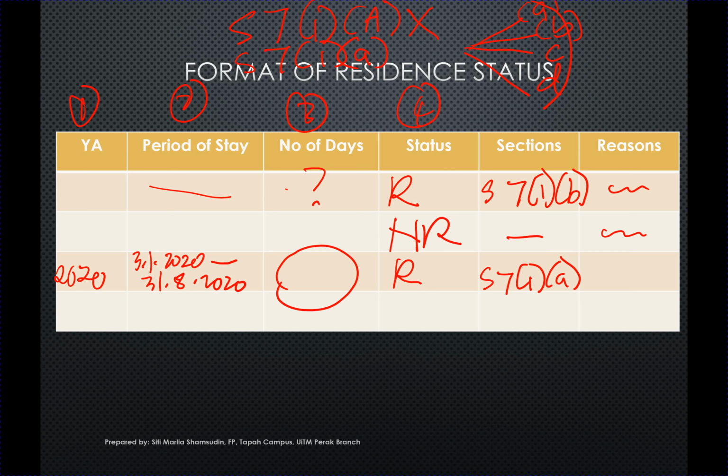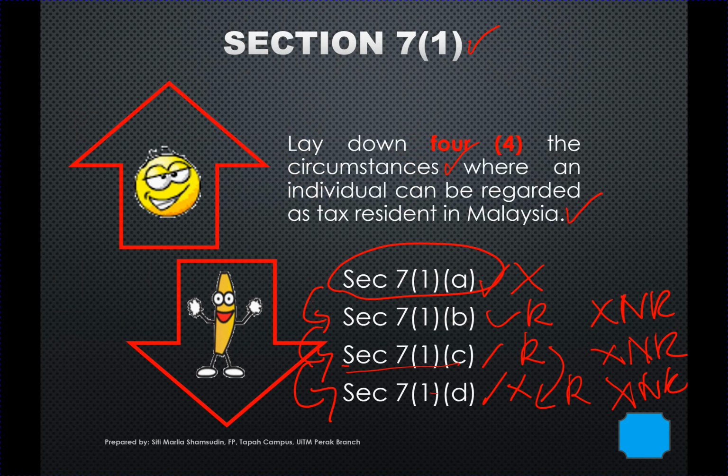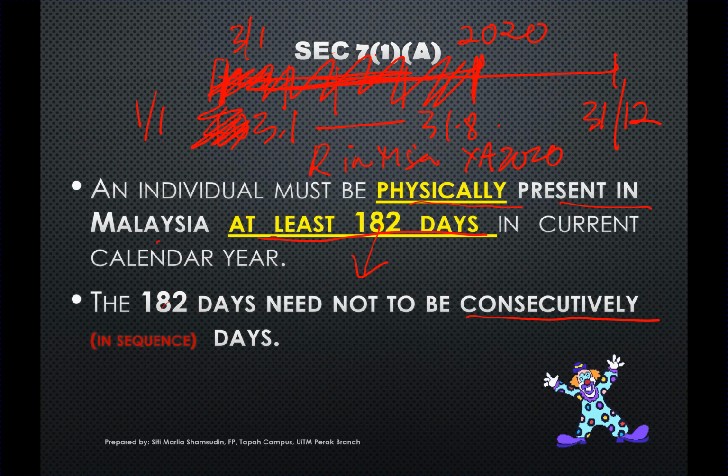Reason kenapa? Stay in Malaysia at least 182 days. This is how you are supposed to answer the question. Okay, tadi saya kata yang ni kita panggil single period. Kenapa single period? Sebab dia become resident.